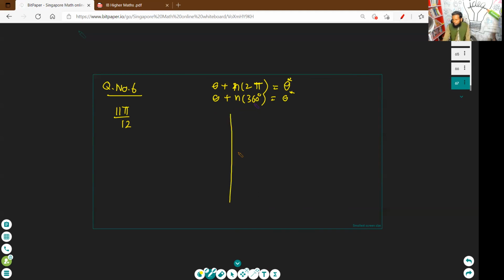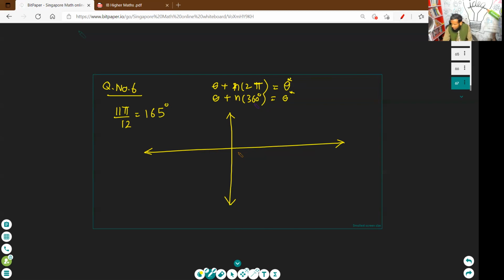In the figure you can find it easily. This is the figure. Clear? You should find it in degrees. What is it in degrees? 11 pi by 12, 165. Yeah, degrees.